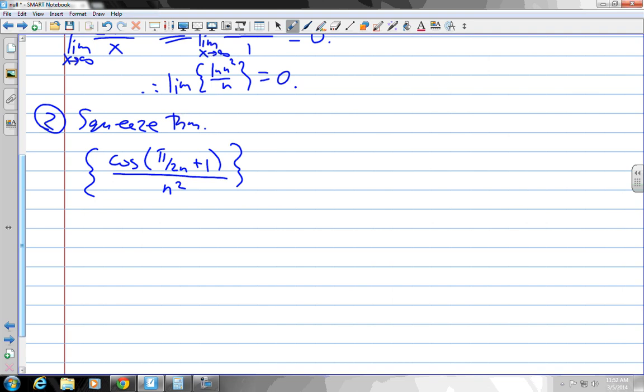So then our sequence is between 1 over n squared and negative 1 over n squared, regardless of what's inside that cosine, really. So this goes to 0, that goes to 0. So therefore, the limit of our sequence, let's call it a sub n, equals 0 by the squeeze theorem.